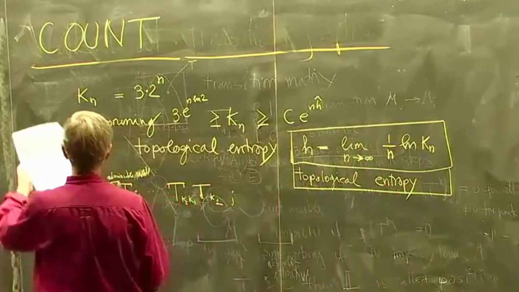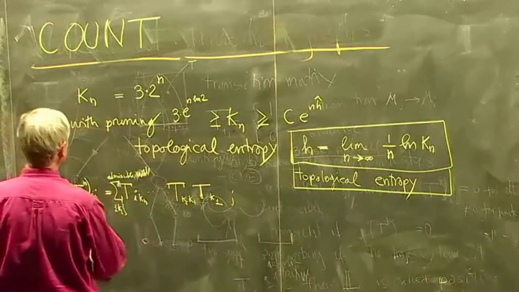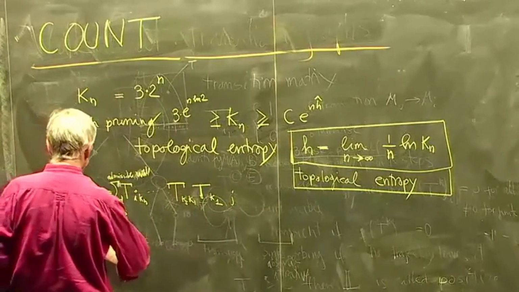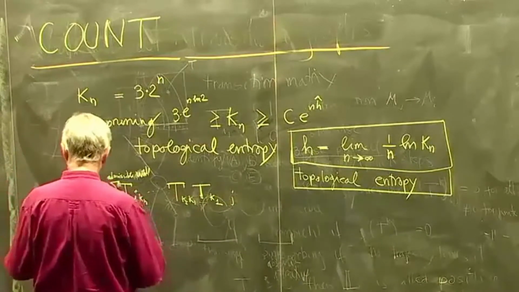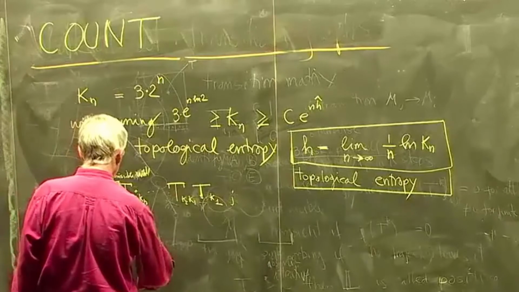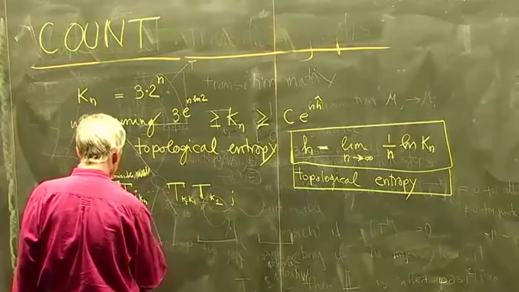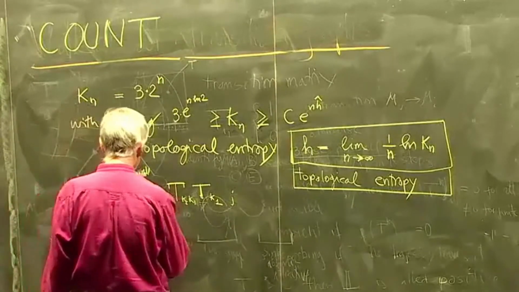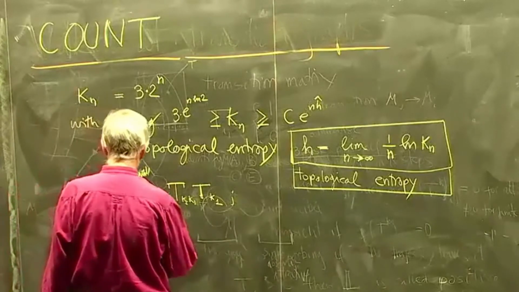So it means that we have an explicit formula for Kn, which is a sum over all initial conditions and all final conditions, because we are counting all paths, of T to the n.